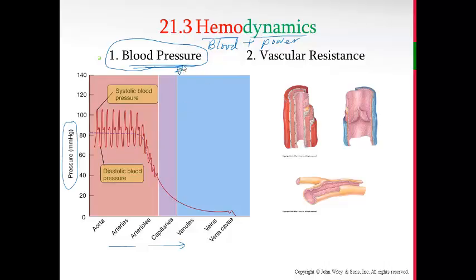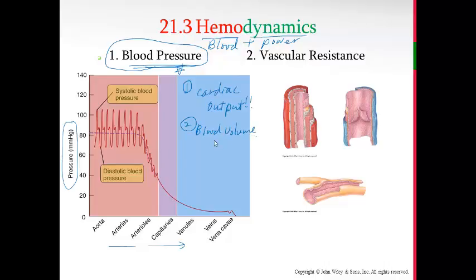Now, we say that our blood pressure is determined by several factors. For instance, your cardiac output, so how hard your heart is working, as well as the amount of blood volume.